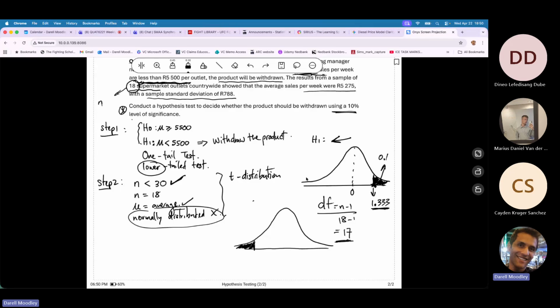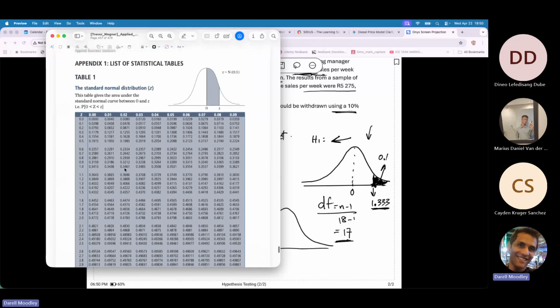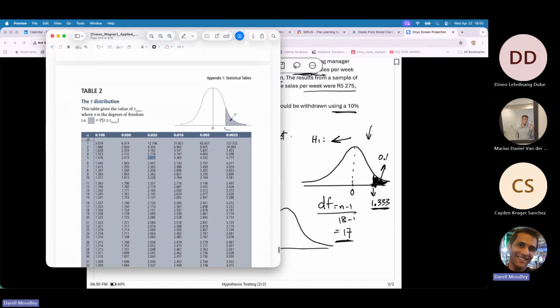But the reason why we did this curve is because the t distribution, just like the z distribution we did before, is also symmetric. It's exactly the same kind of property. That means everything is symmetric about 0. Whatever you find on the right is equivalent to what you'll find on the left for its negative counterpart.